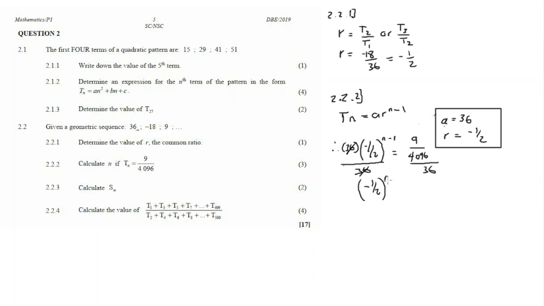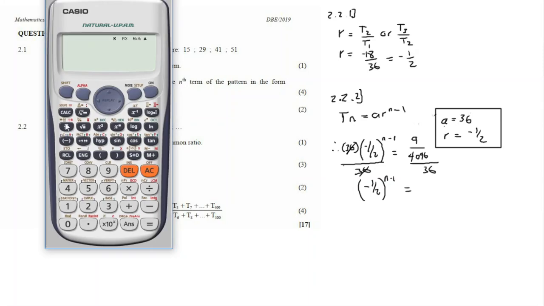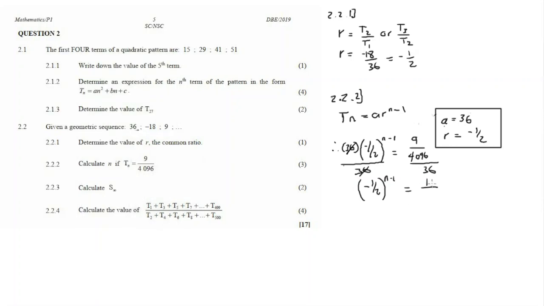raised to exponent n minus 1 is equal to, using the calculator, 9 over 4096 divided by 36. The answer is 1 over 16384. So this is the answer, but we want the value for n, right?